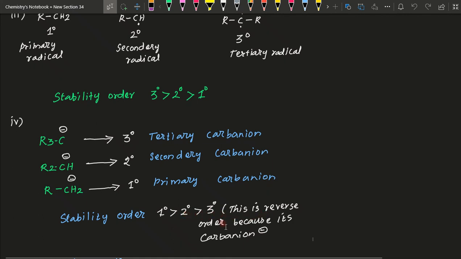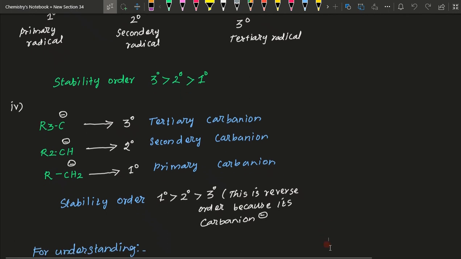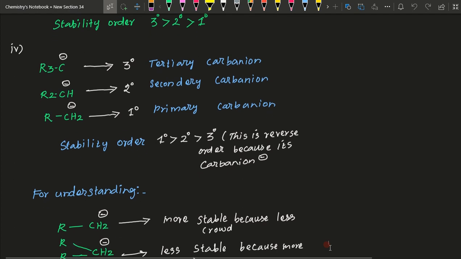This is the reverse order because it is a carbon ion. Note this point, at the carbon ion, the stability order is reversed because this is the carbon ion, not carbocation.